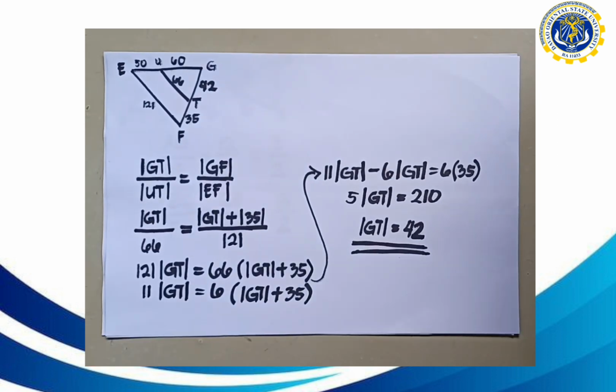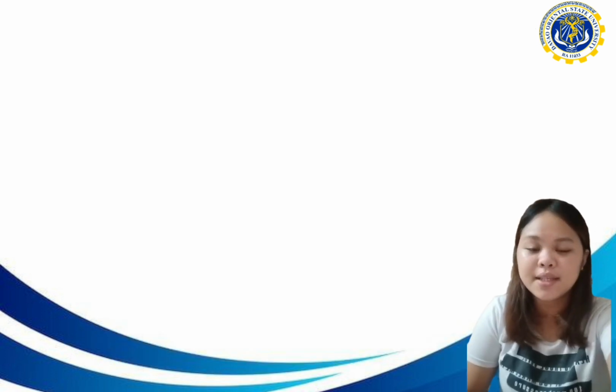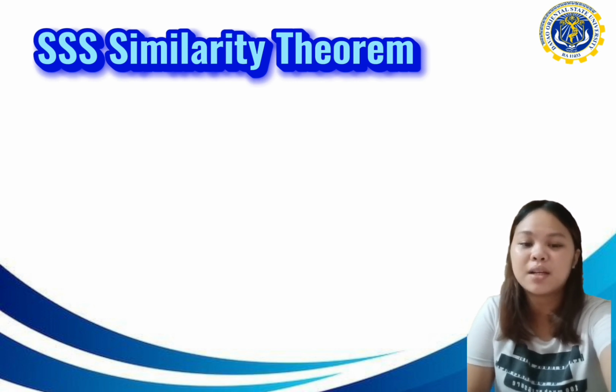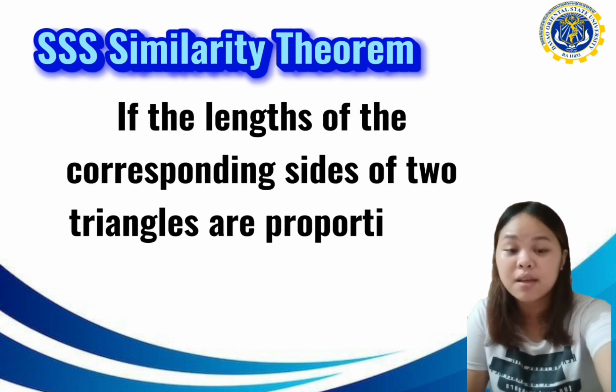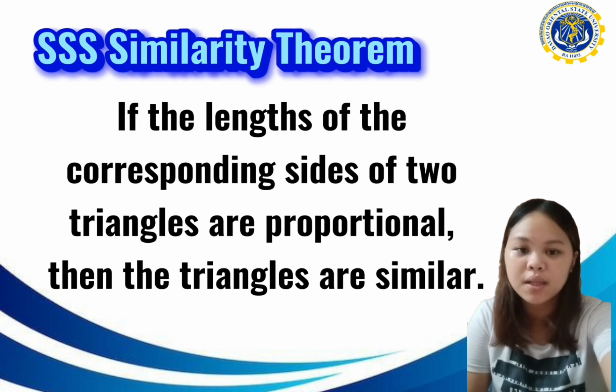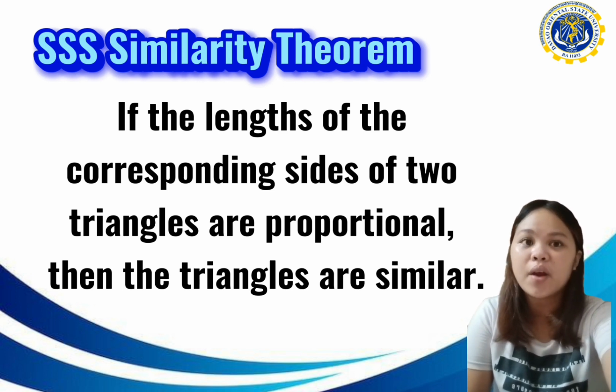I hope that you know how to solve the SAS similarity theorem. Next is the SSS similarity theorem, or the side-side-side similarity theorem, which means that if the lengths of the corresponding sides of two triangles are proportional, then the triangles are similar.